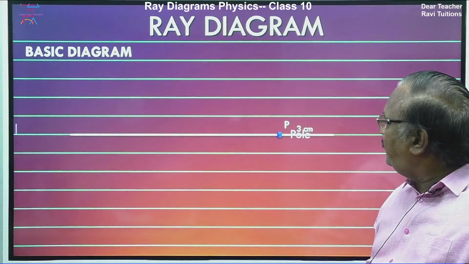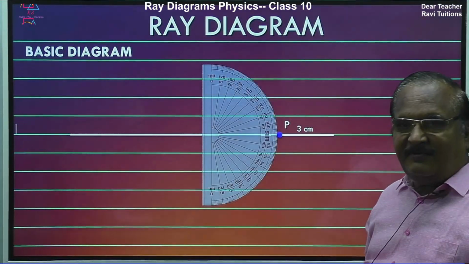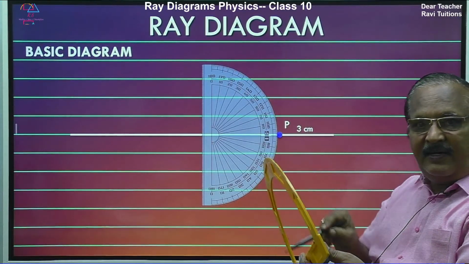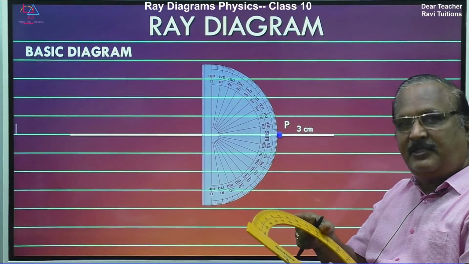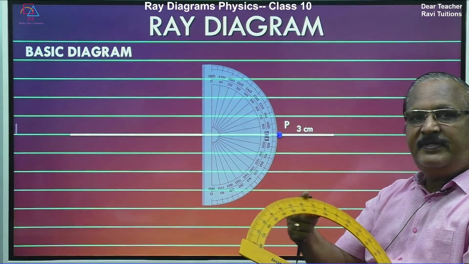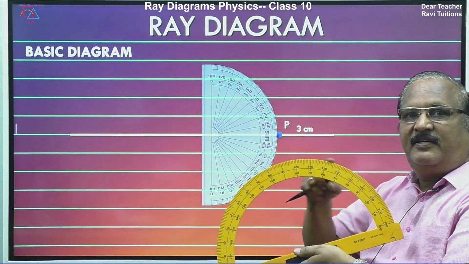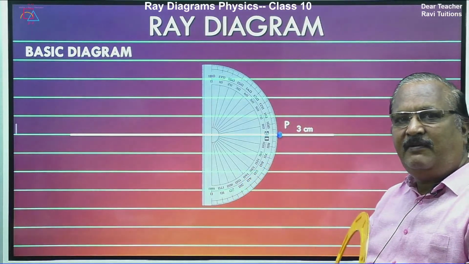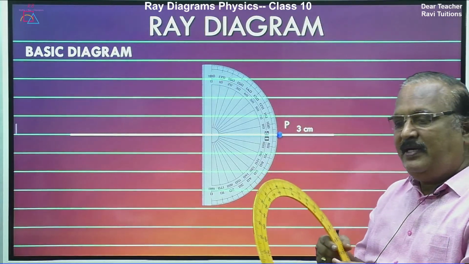Before you draw, we have got a pole. Now you have to bring a protractor. This is called a protractor because this entire thing is an arc. The concave mirror is a part of a sphere, so this curve is needed, and this curve should be very perfect. With every student, definitely a geometry box will be available.